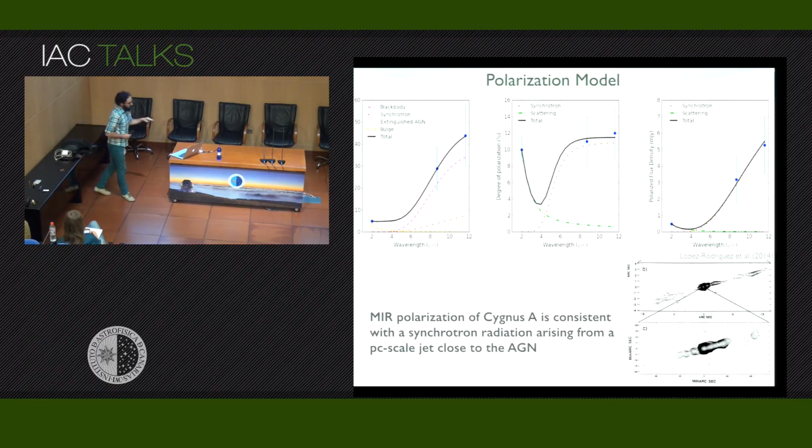In the polarization, we only assume 2 different mechanisms. One is scattering, which was suggested by Tadhunter at K, and then we use synchrotron emission to explain the rise in the polarized flux in the mid-infrared. And that was consistent with having a highly polarized core where the synchrotron radiation arises from the parsec scale jet observed in the radio emission.